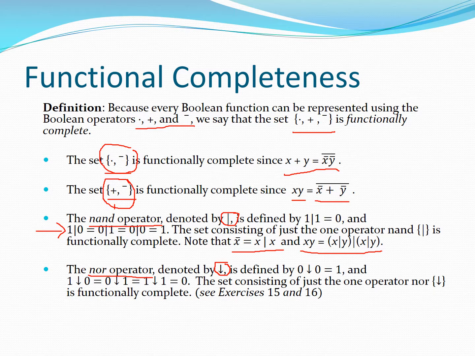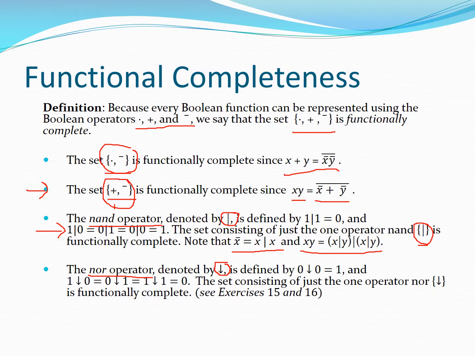And since we saw that the product can be represented as a sum in the previous step, even the sum of two variables can be represented using the NAND operator indirectly. So the NAND operator alone can represent your complement, your product, and your sum. So the set containing just the NAND operator is said to be functionally complete.